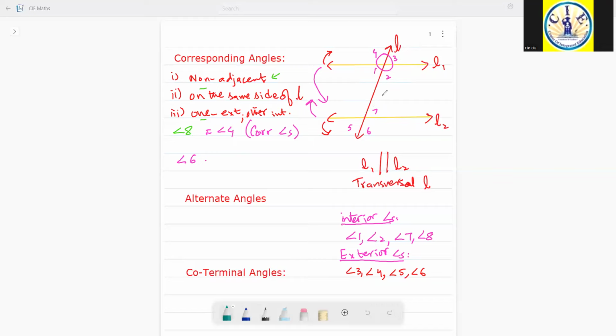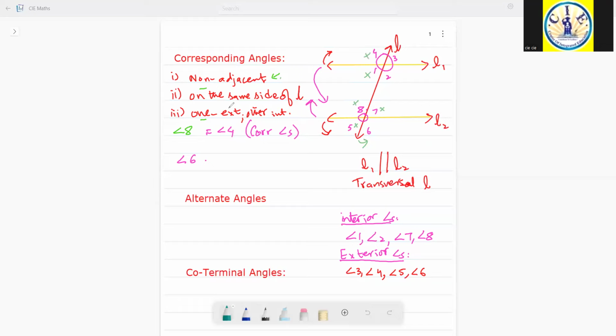When you talk about angle 6, non-adjacent, the first thing: angle 7 and angle 5 are both ruled out. Then on the same side of the transversal L, since angle 6 is lying on the right side of this transversal, angle 8, angle 1 and angle 4 are ruled out.